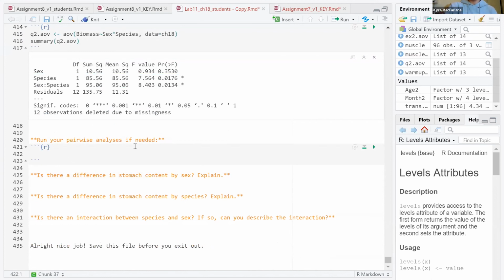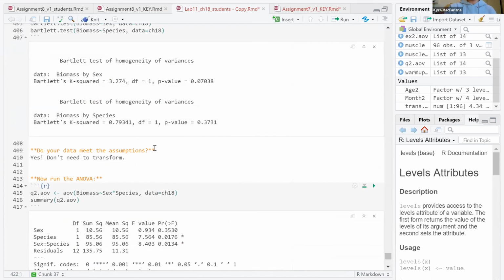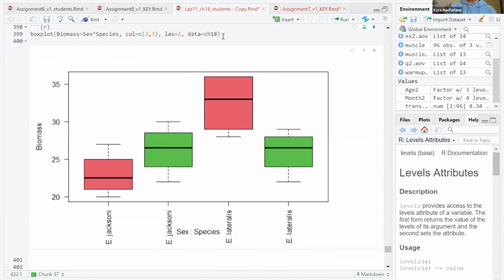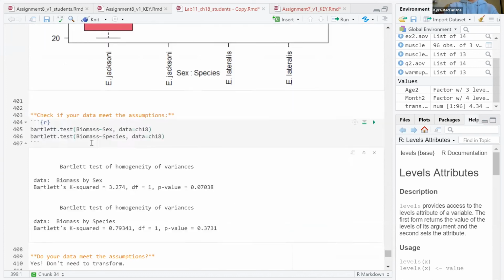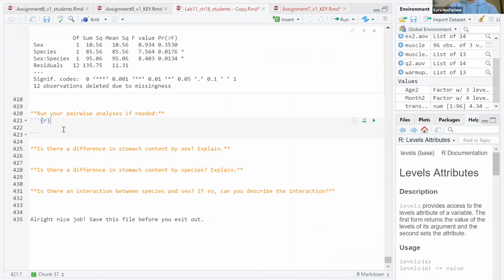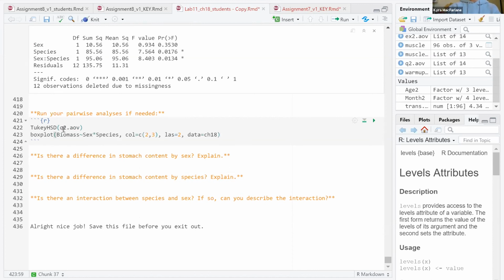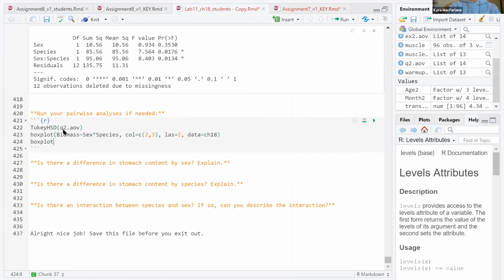So we need to do our pairwise analysis, and I'm going to print the box plot a second time so that we can look at it. Underneath our Q2 AOV, I'm going to make the box plot. And I'm actually going to make the box plot the other way as well, because it might make seeing some patterns easier.